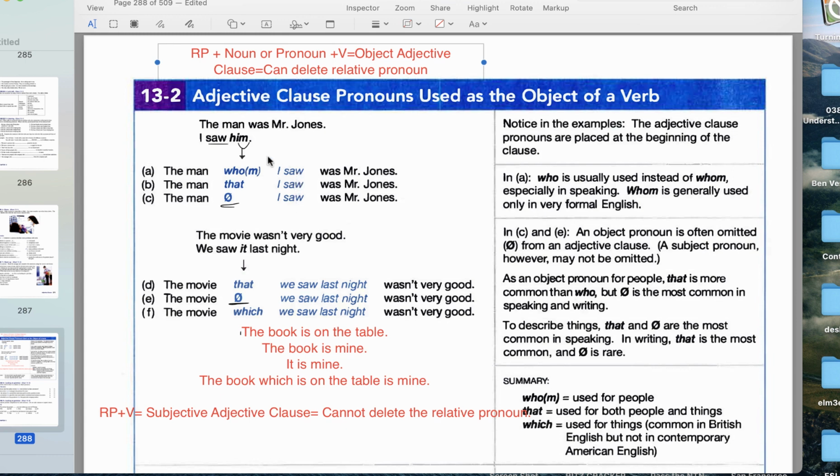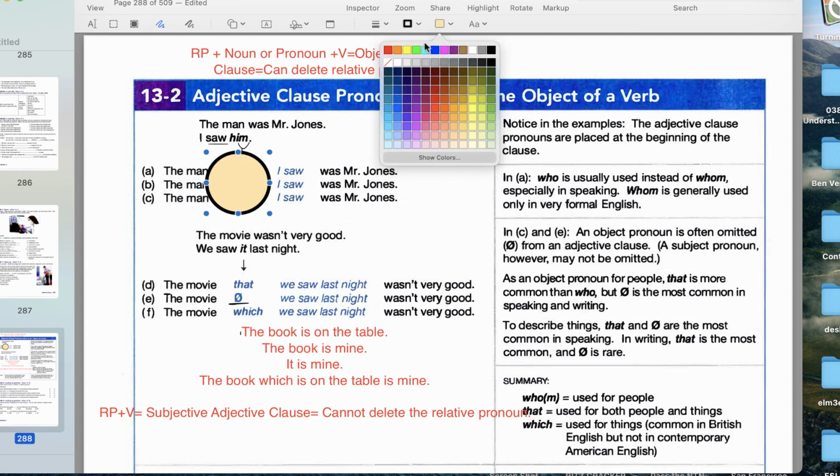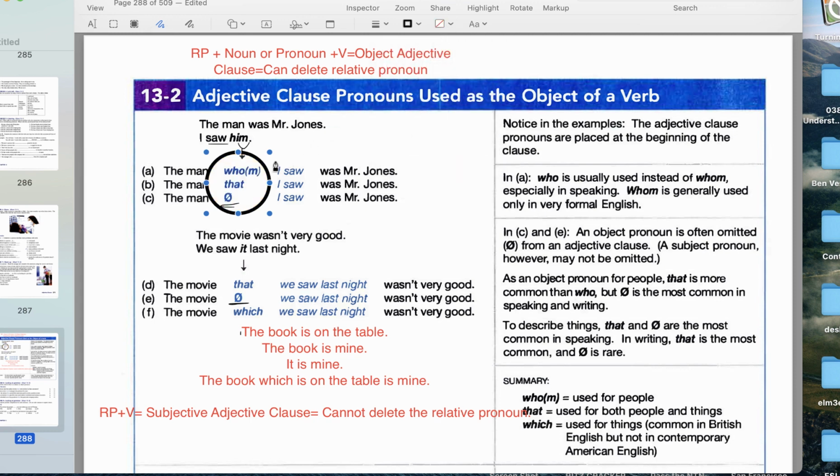But it's working as this pronoun. It's very important to remember this pronoun right here is in the object position. It comes after the verb. Okay? So this comes after the verb. And that's what makes it really important.